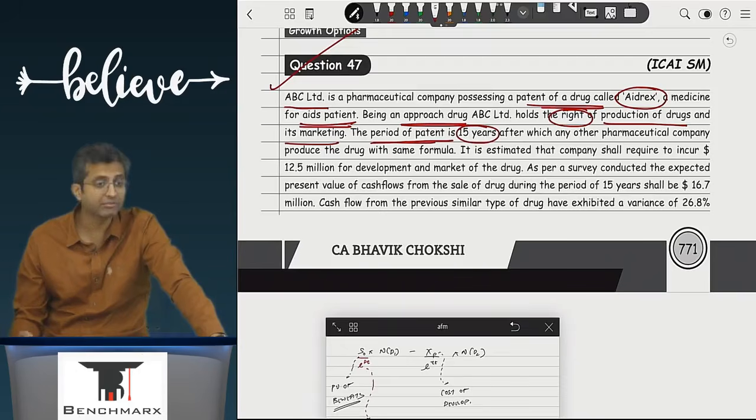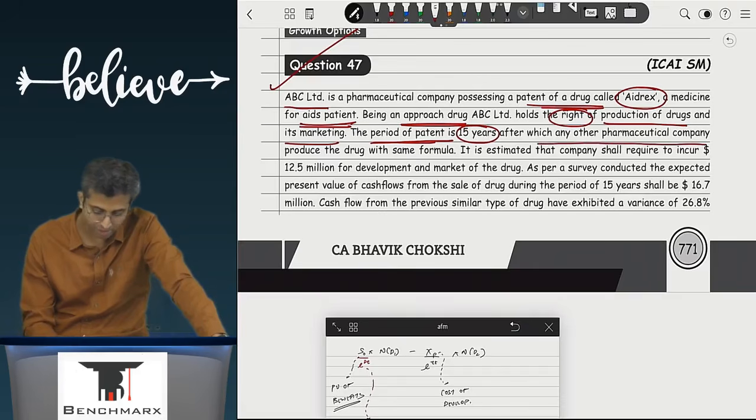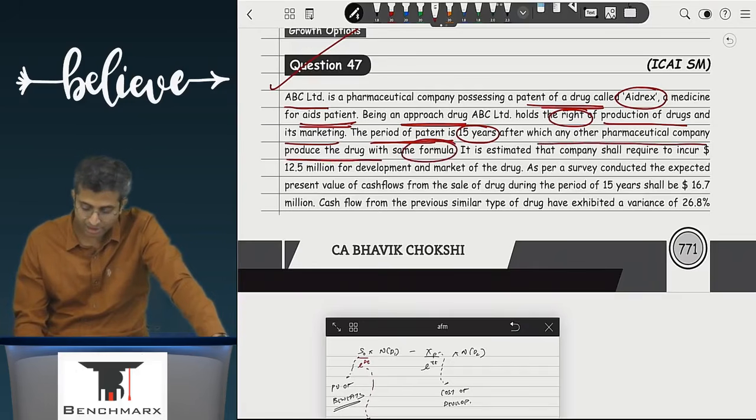This is your time, T or N, whatever that is. 15 years, after which any other pharmaceutical company can produce the drugs with the same formula.